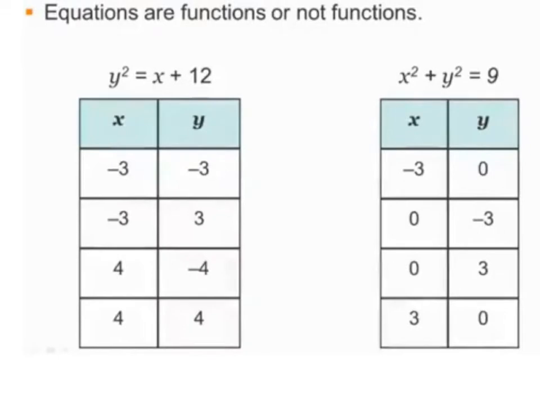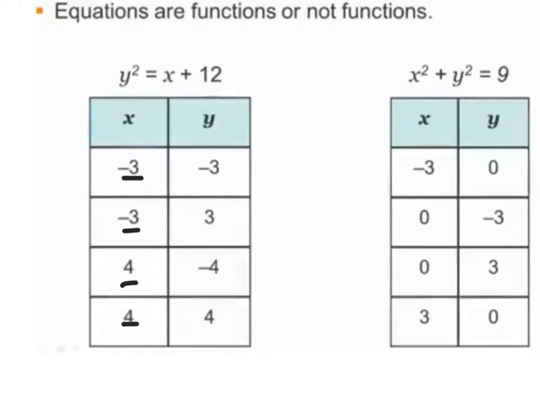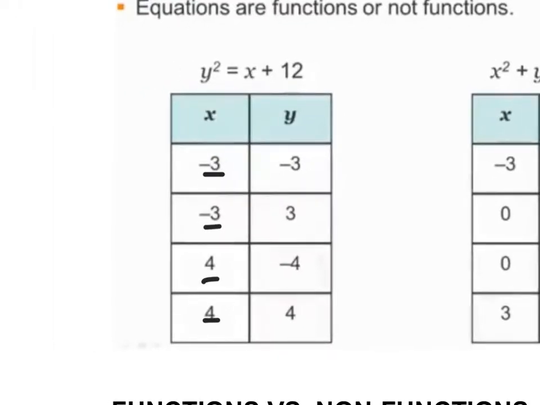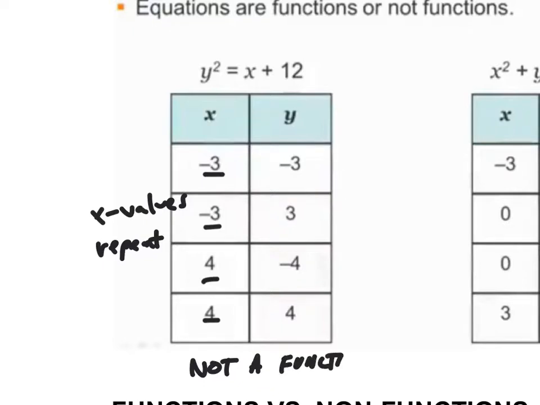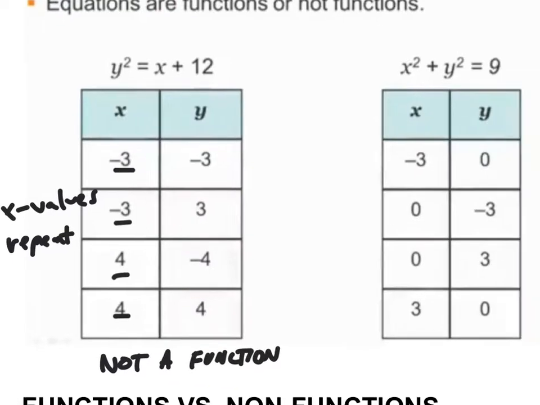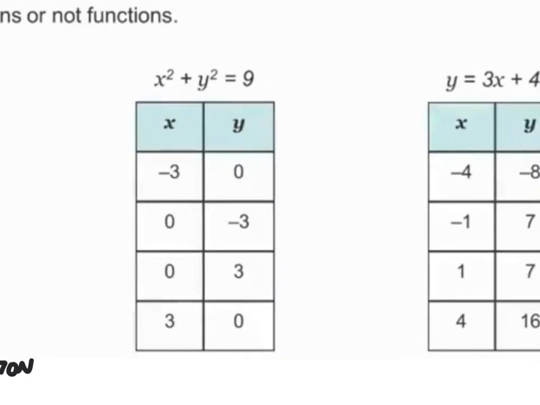Let's look at each of these. What I notice is that my x values here repeat. -3 repeats, 4 repeats. Therefore, this is not a function. Over here, same thing. My x values repeat.